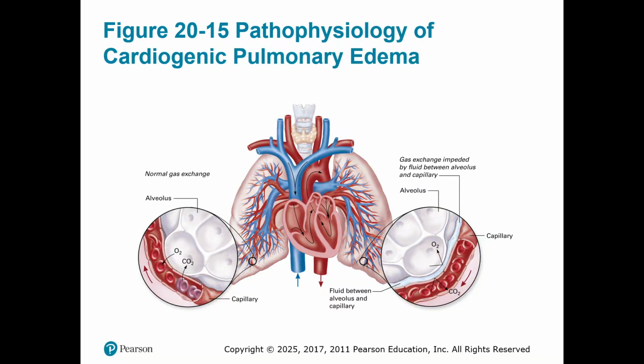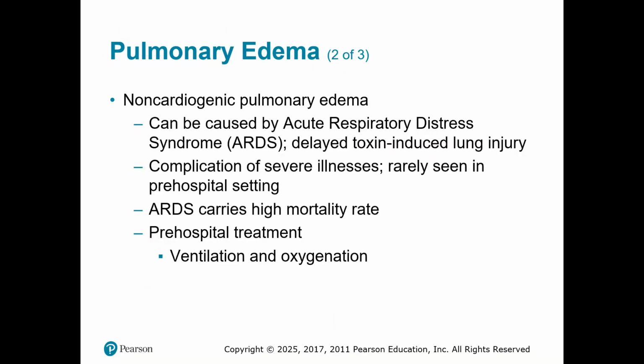All right, pathophysiology continues here. So what we show here is the actual pulmonary edema. Here's the capillary again. Fluid comes in between the alveolus and the capillary, pushes the capillary away, and it makes gas exchange extremely difficult. This is a non-cardiogenic pulmonary edema. It can be caused by acute respiratory distress syndrome.